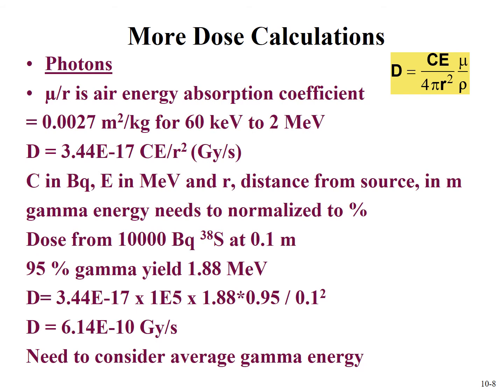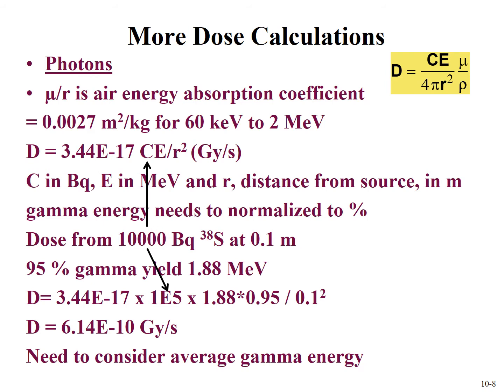So we could take these values and substitute them into our equation that's shown here. So D is equal to our constant, and we multiply that by the activity. So it's 10,000 becquerel.